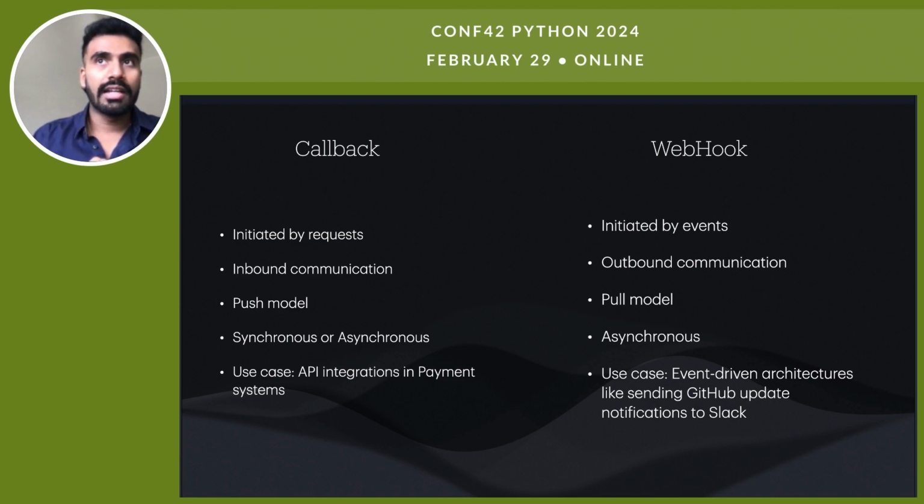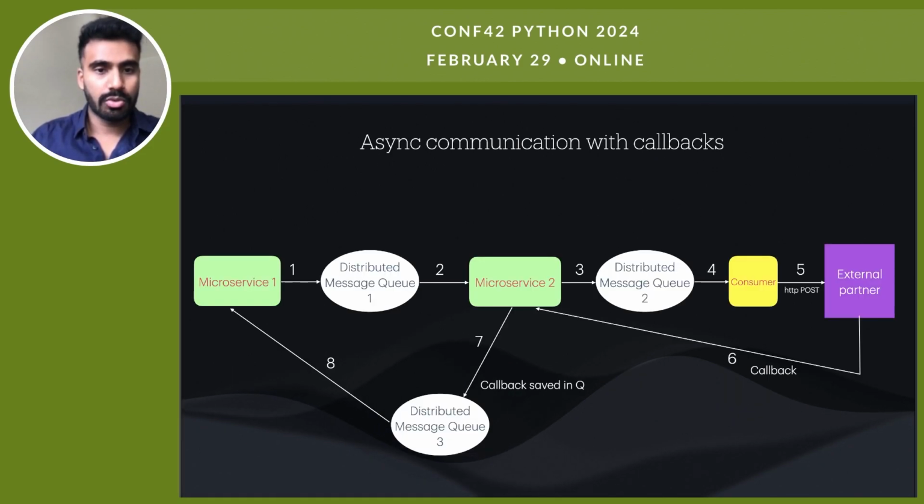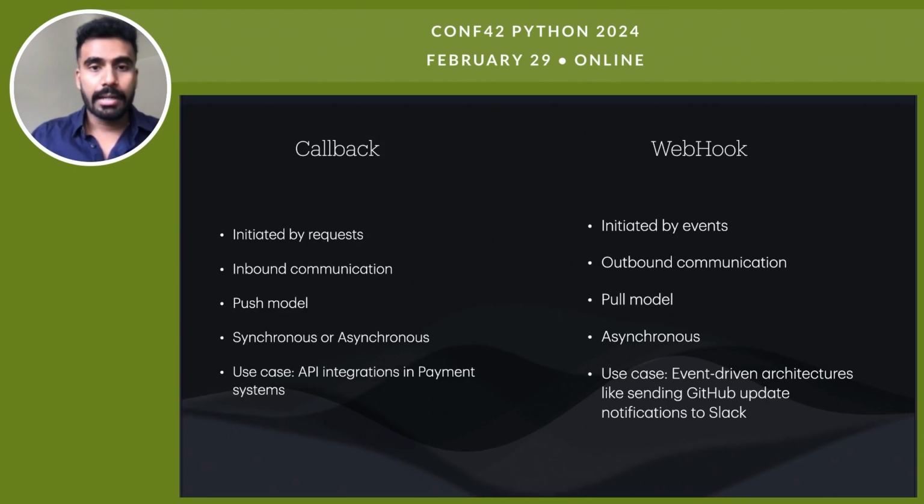That's because, say, creating a pull request is an event, and that event is happening, and Slack is microservice 2 here, or you can think of microservice 2 and 1. All of this system is Slack, and the external partner is GitHub. Whenever there is an event on the external partner like GitHub, when that event is triggered, it sends webhooks.